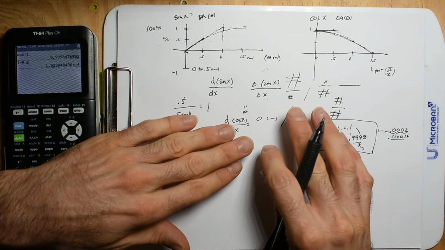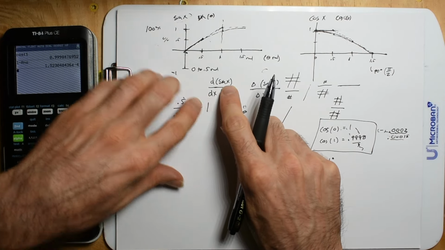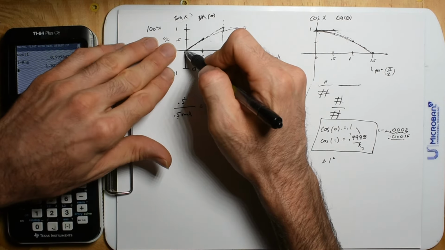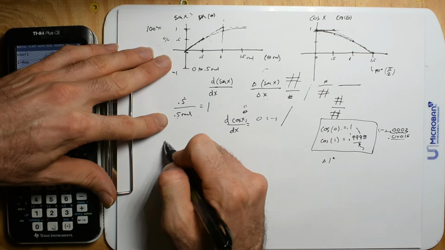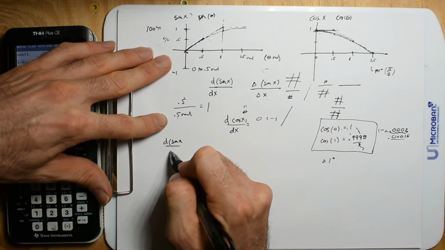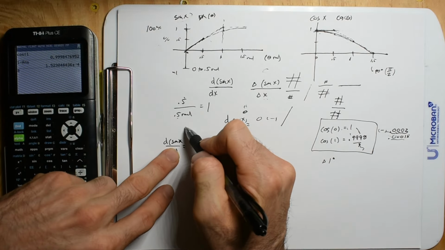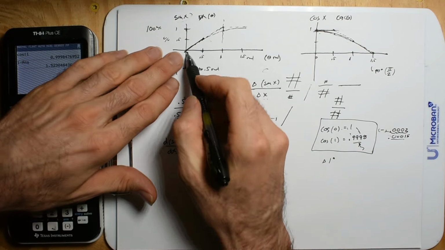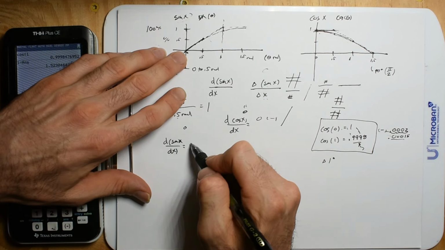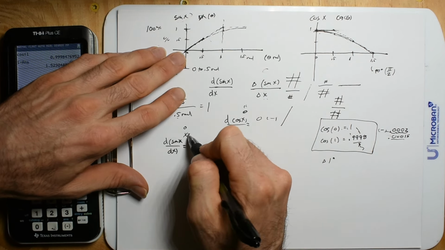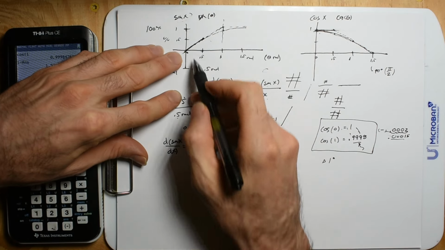So let's talk about the derivative of sine. So the derivative of sine means that when we do the derivative of sine x dx, and we throw in 0, you know what I mean? We are seeing a slope of 1. At that point, the slope is 1. So when we throw in x is equal to 0 degrees, radians or degrees, we get a slope of 1.